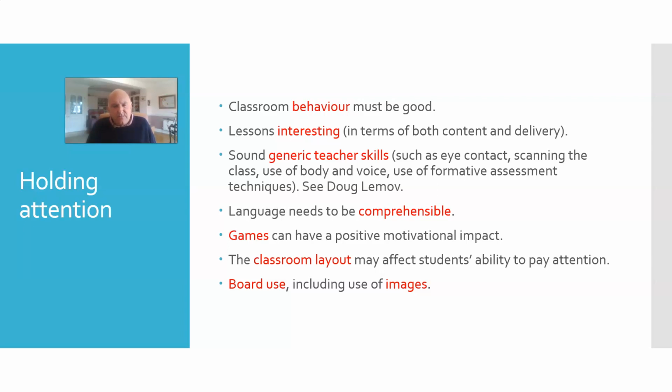So if they're sitting on grouped tables, cabaret style, and having to crane their neck to see the board, that has the potential to be distracting, as well as, of course, the fact that they might be facing another student who might easily distract them as well. So for me, that's a pretty powerful reason to use rows.